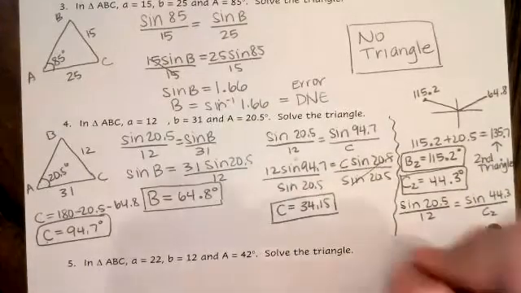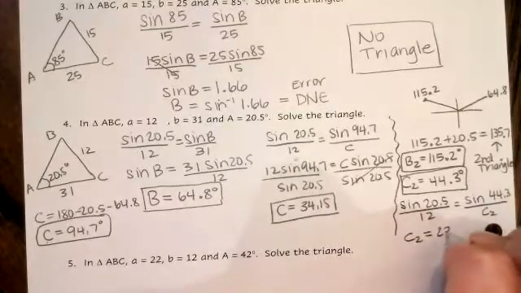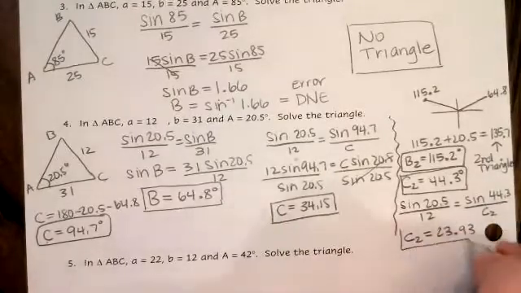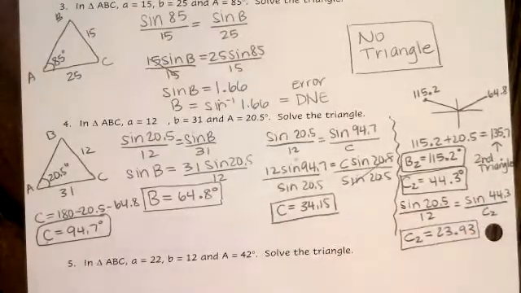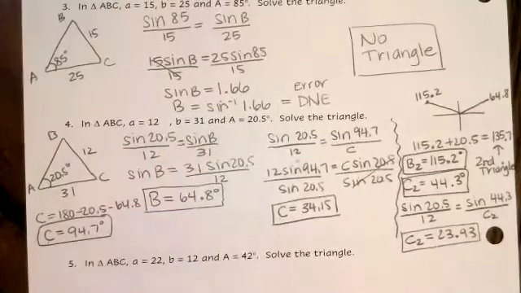I cross multiply and divide, and we find that C2 is 23.93. So this would be the second triangle that also meets this criteria. We're checking what triangles can meet that criteria. Since there's two of them, I would have to give both as answers. That's probably the trickiest thing we're going to find on these law of sines.